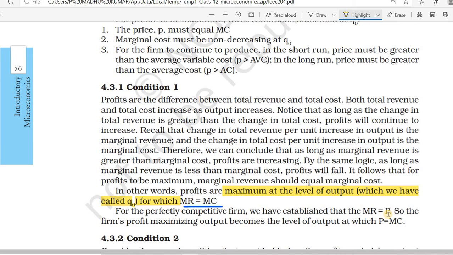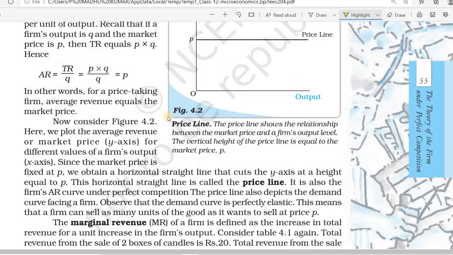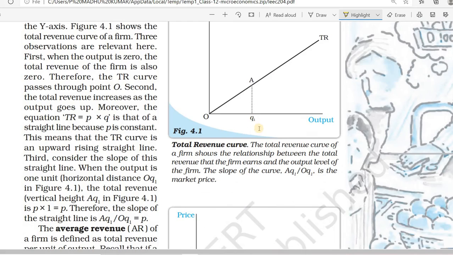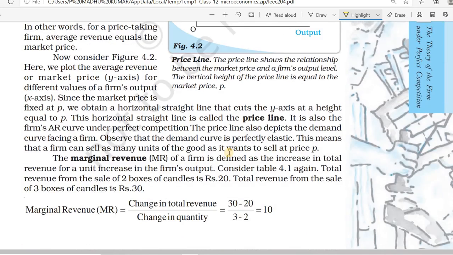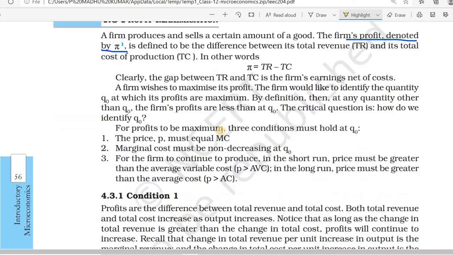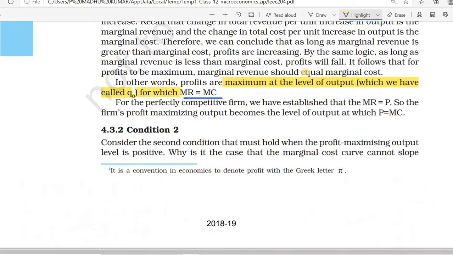Where price equals MR, we studied here. In this curve, the price P, meaning the average revenue curve, should be equal to marginal revenue. Then we can write it as MR equals MC.